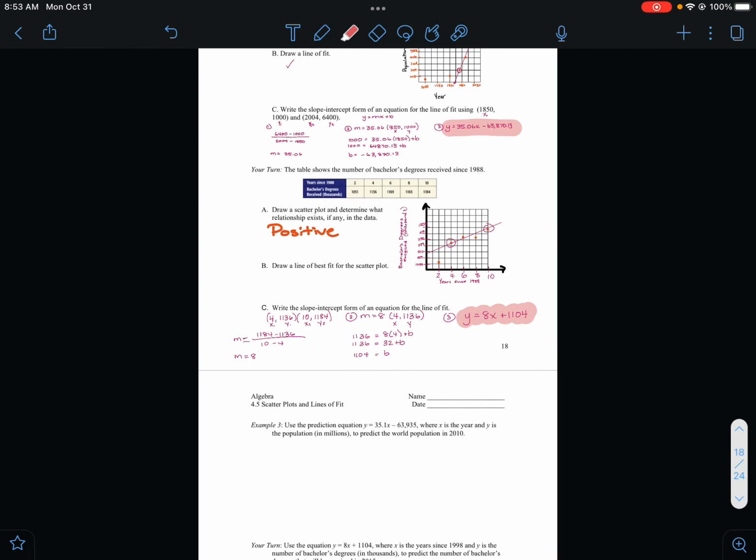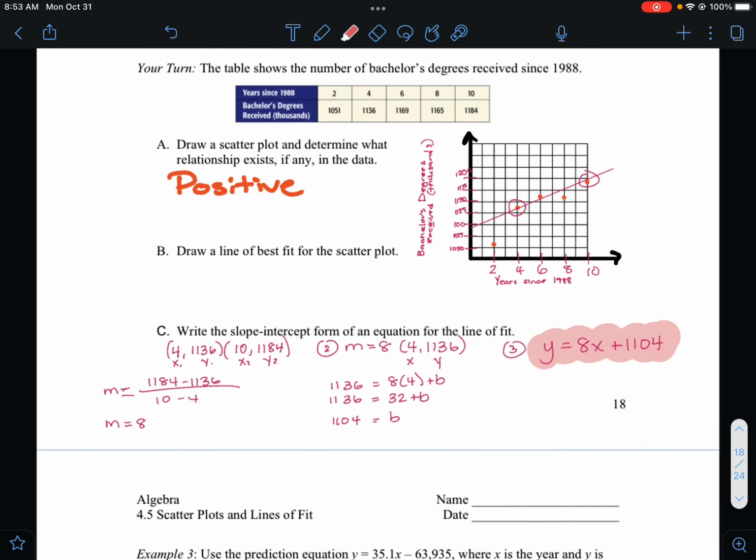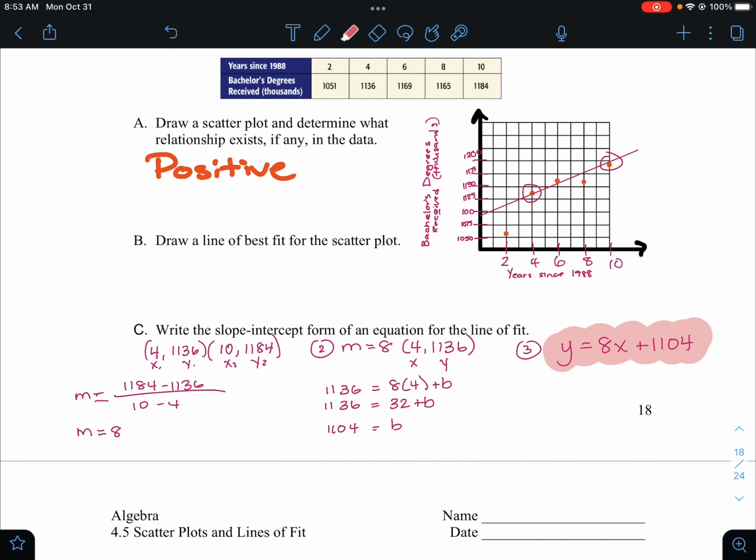All right, thank you for bearing with me on that as my crayon decided to die. So hopefully you got something around 8x plus 1,104. Now your values might be slightly different than mine depending on which ordered pairs you used. But my point is that you should be sort of close.